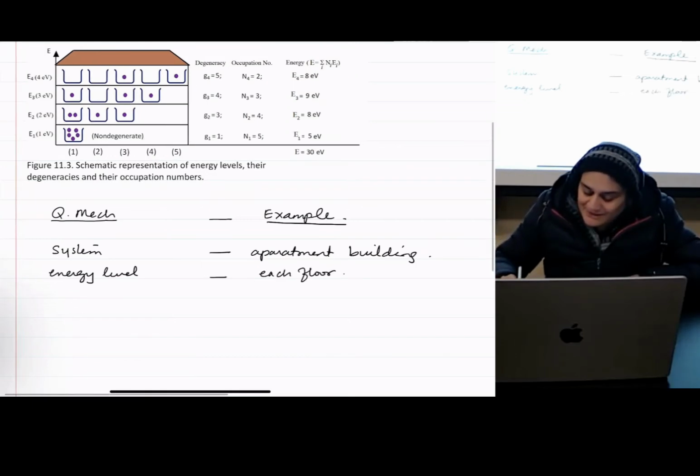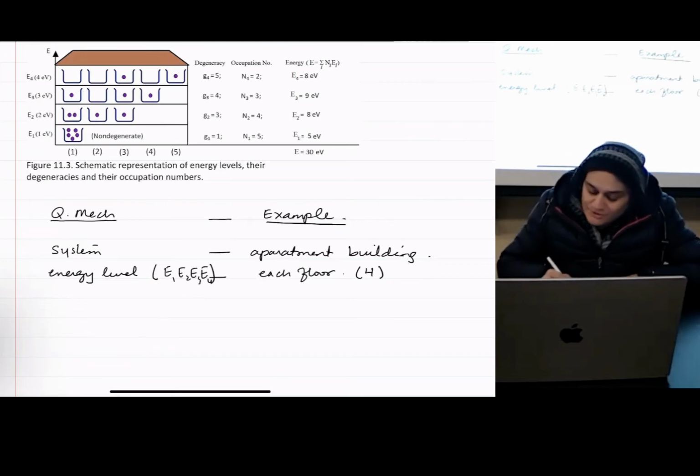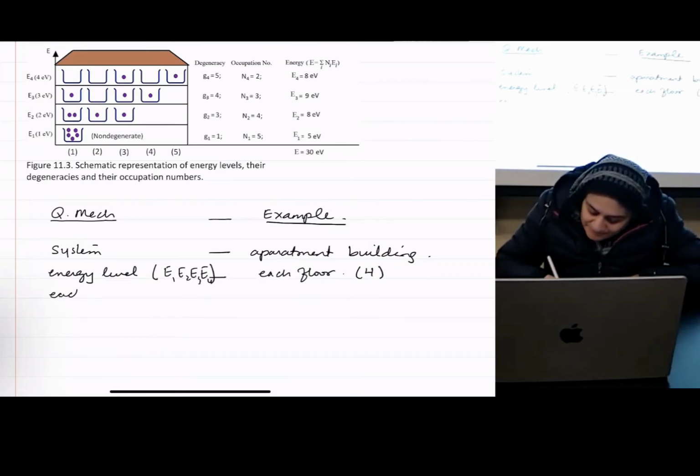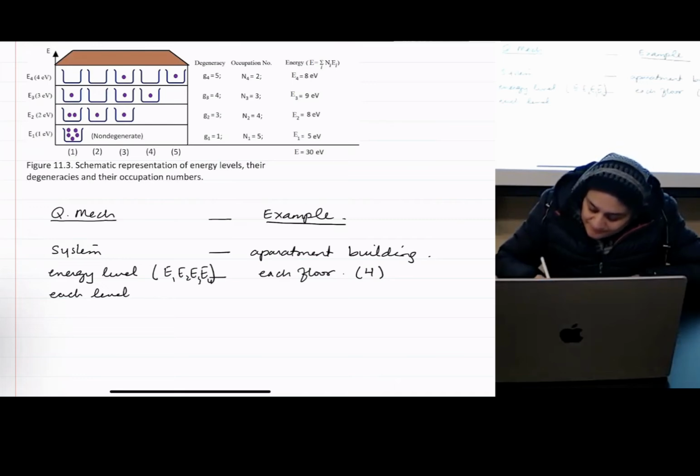So in my example, how many floors are there? And so how many energy levels should I have? E1, E2, E3, E4. So each level, may I call it J?